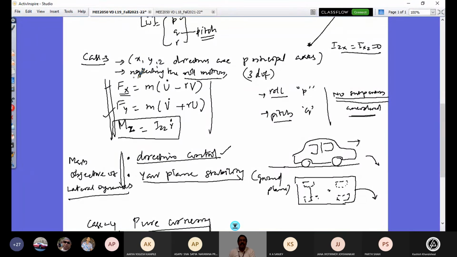So for these three equations, I don't even require this Fx. I say that my U is constant. That means I'm driving my vehicle with constant speed. That's the safe speed we always prefer. When you drive your vehicle on highways, you may sometimes accelerate and decelerate when no vehicles are there.